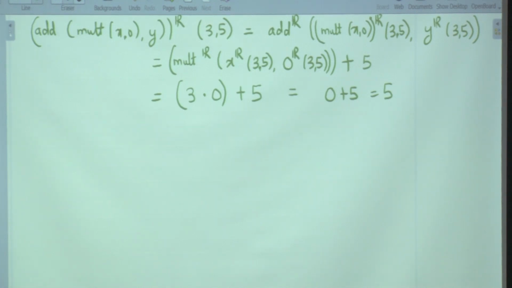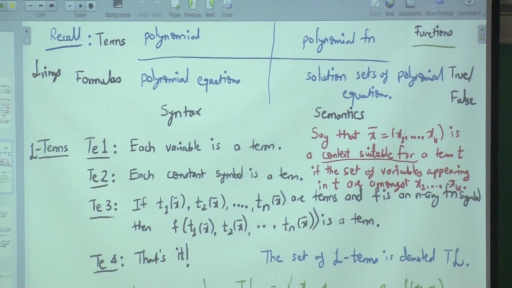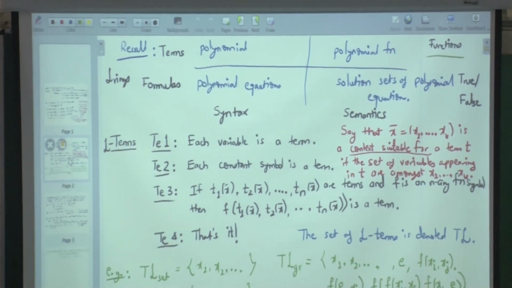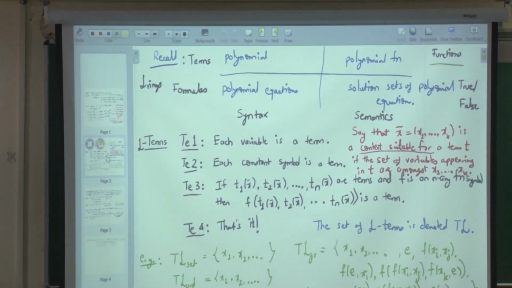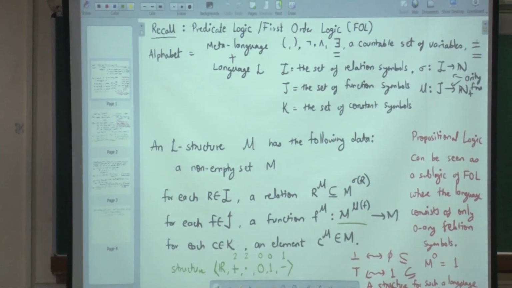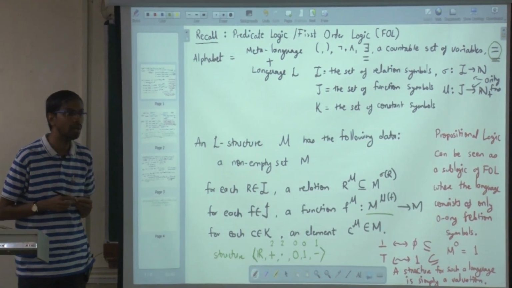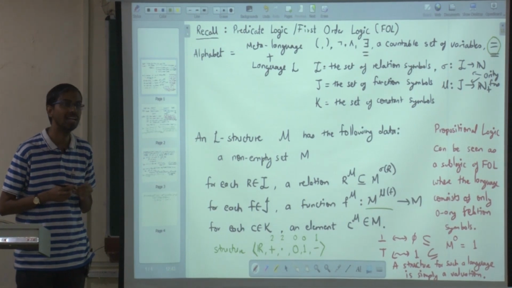Then perhaps we should move on to the next part, which is formulas. Formulas are generalizations of polynomial equations or polynomial inequalities. When I say equation, I am referring to equality. And equality is what? It is a meta-language symbol, but it is also a binary meta-language symbol.